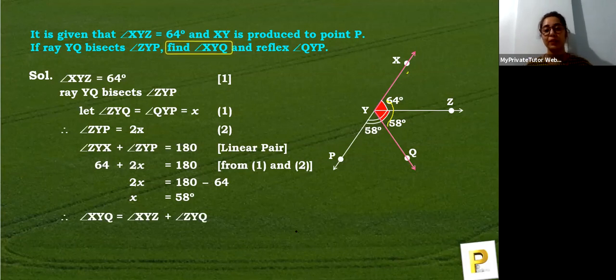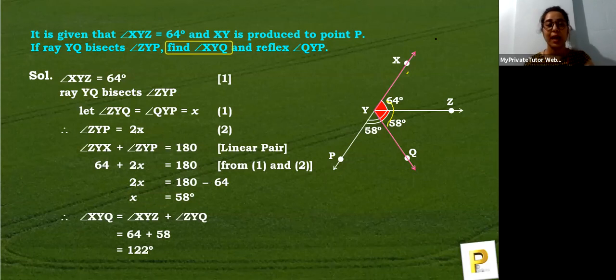So it is equal to 64 plus 58. The total is 122 and that's totally correct. Yes, Sarah, your answer was absolutely correct. So the value for XYQ is 122.